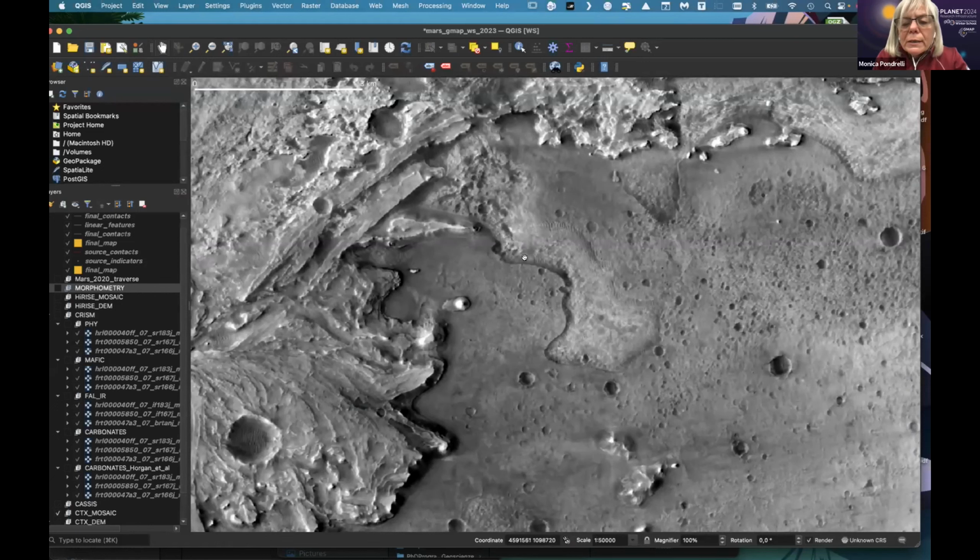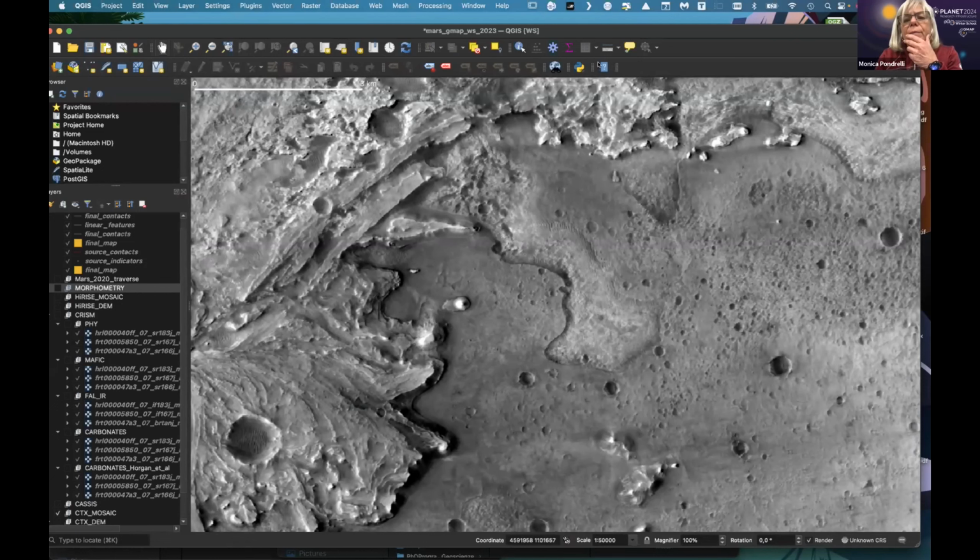By the way, the boundary is here at the base of the cliff, and this is a clear boundary. Instead, this one is a boundary which is a little bit uncertain because it's a little bit covered.